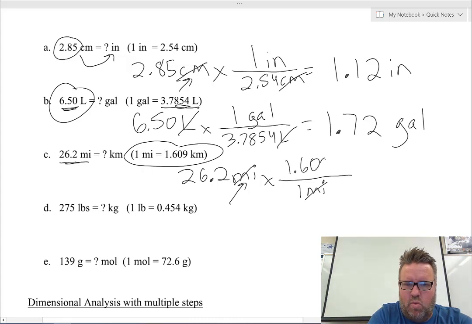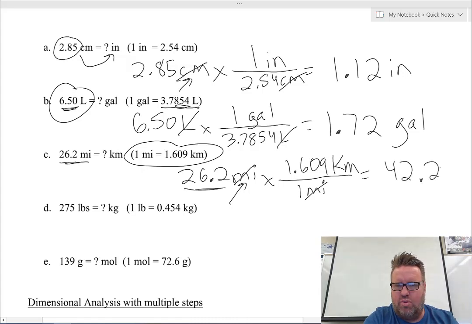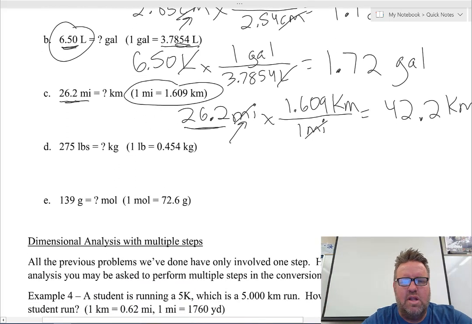And then I put what it's equal to on the top. So I'm going to take 26.2 and multiply by 1.609 kilometers. I have 3 significant figures, so I'm going to round that to 42.2 kilometers. So a marathon is just over 42 kilometers long.